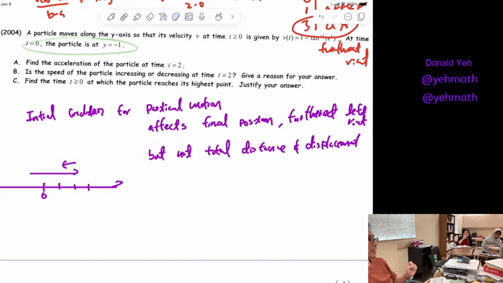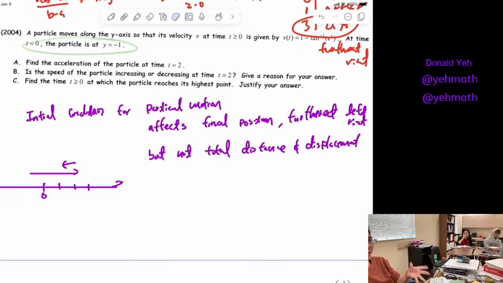So what I'm trying to say is the final position matters on the initial condition, not the total displacement though. Total displacement is still going to be +2, and total distance is still going to be 4, but my final position matters. Does that make sense? The initial condition will cause the final position to change, whether furthest left or furthest right, it will cause that to change.